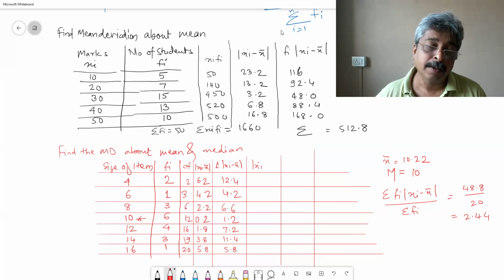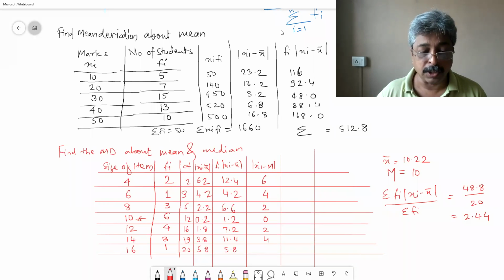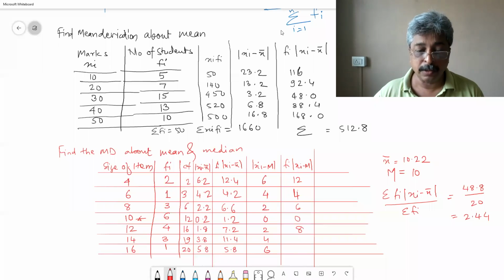|xi minus M|: 6, 4, 2, 0, 2, 4, 6. fi |xi minus M|: 12, 14, 12, 4, 6, 0, 8, 12, 6.